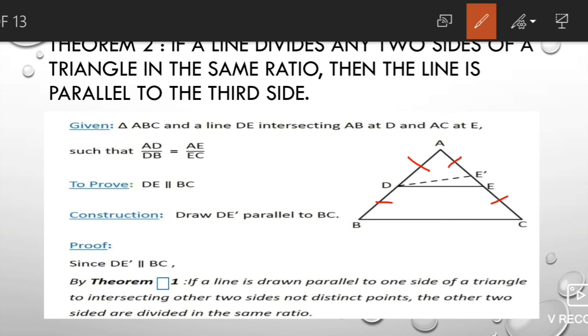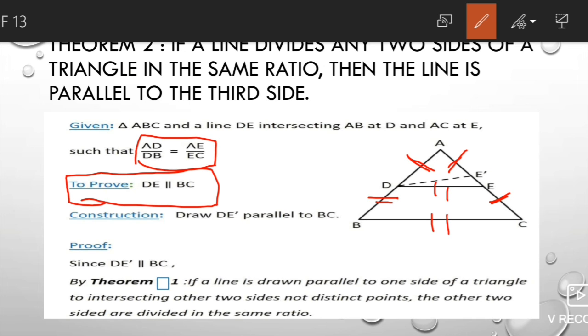Here ABC is the triangle and DE is a line which divides AB and AC at points D and E. It is already given that AD by DB is equal to AE by EC. You have to prove that DE is parallel to BC.